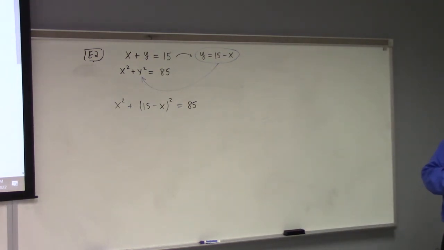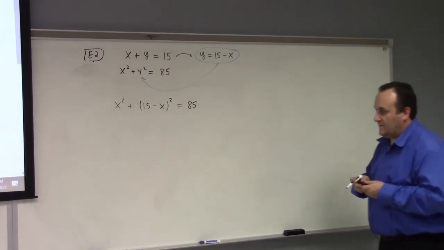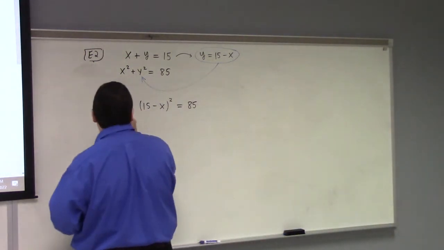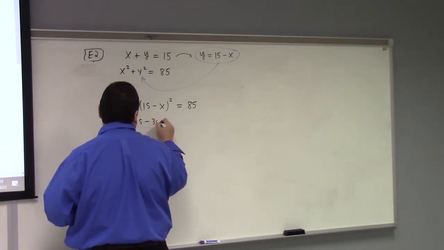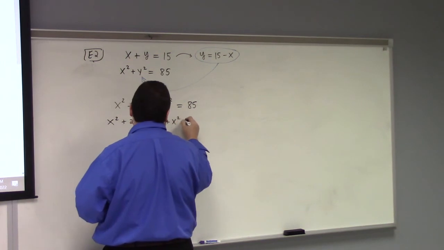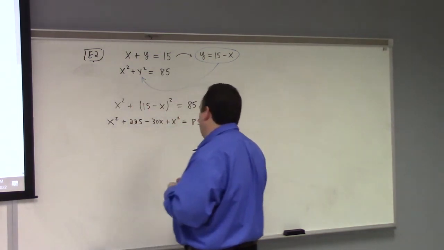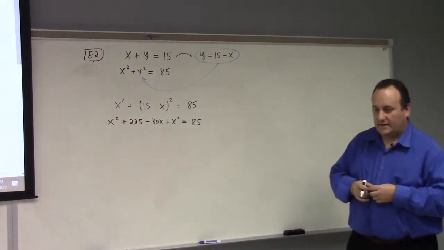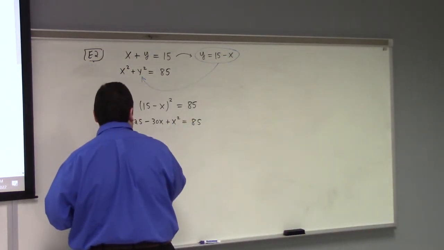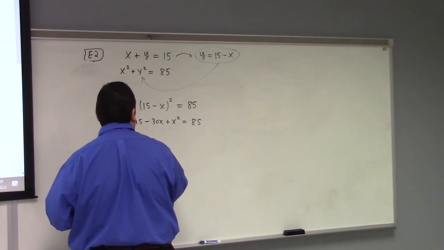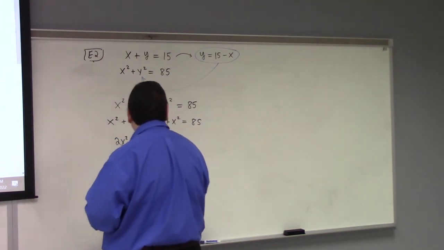We can solve those. We just need to work it out, right? 15 squared is 225. So this foils out to x squared plus 225 minus 30x plus x squared equals 85, right? And then if you clean that up, what we got is 2x squared minus 30x. What's 225 minus 85?